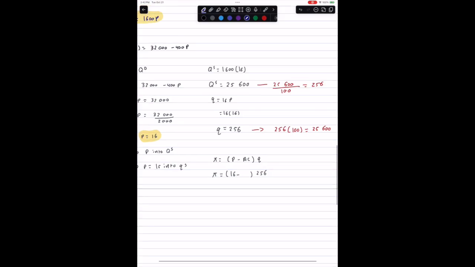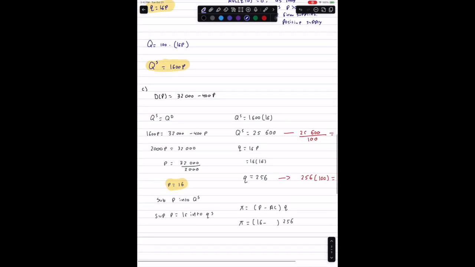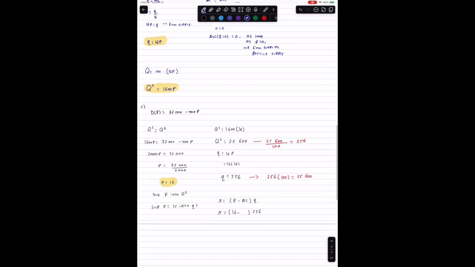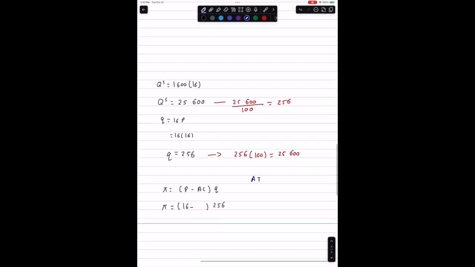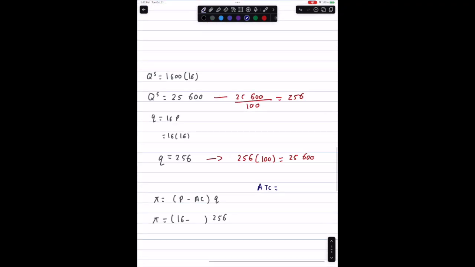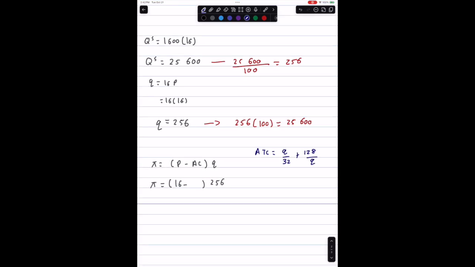Well, remember, our average cost, where did I write it? Oh, sorry, I forgot to write it. Our average total cost is going to be equal to Q over 32 plus 128 over Q, right? We know that each firm is going to supply 256 units.